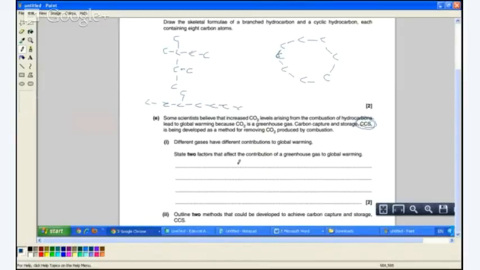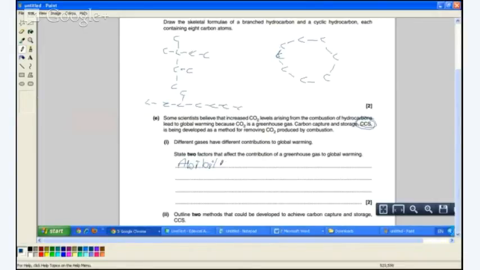Okay, so there are 2 factors that affect the contribution of greenhouse gas to global warming. There's a really weird one for this, and for some reason it sticks in my head, even before I understood.